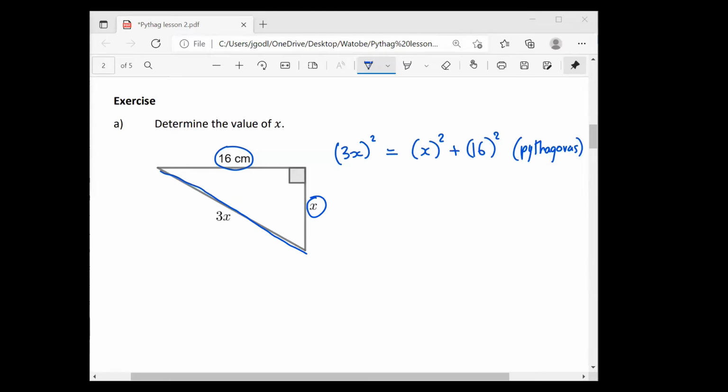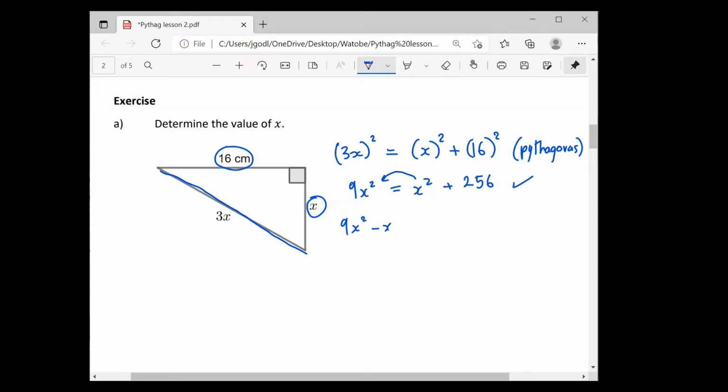Okay. Let's take you out of your misery. (3x) squared is going to give us 9x squared, which is equal to x squared plus 16 squared, which is 256. Okay, so if you got to that point, then give yourselves a nice big tick. Now I'm going to move that x squared over.